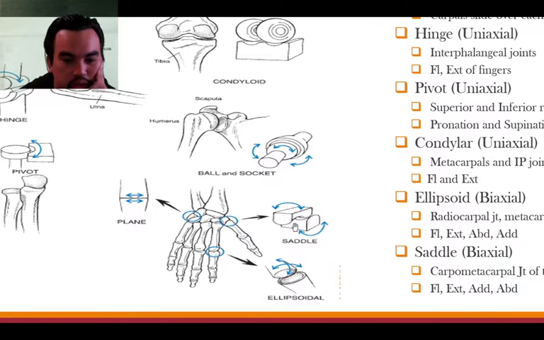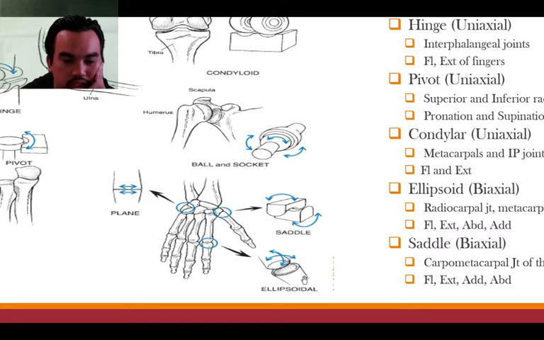A saddle joint is where you have two concave surfaces sitting over each other that allows different planes of motion. So it gives you that adduction and abduction, and it also gives you flexion and extension. You can see how you could get a little bit of rotation with that as well, but eventually the bones would touch each other and stop each other from doing that.